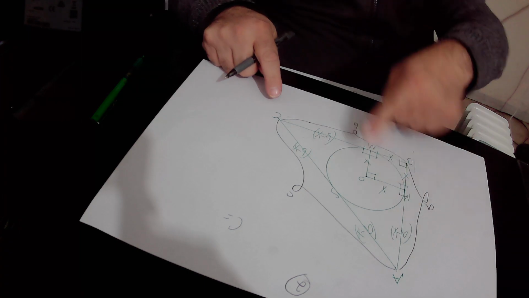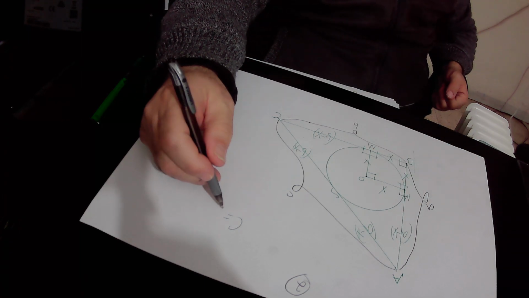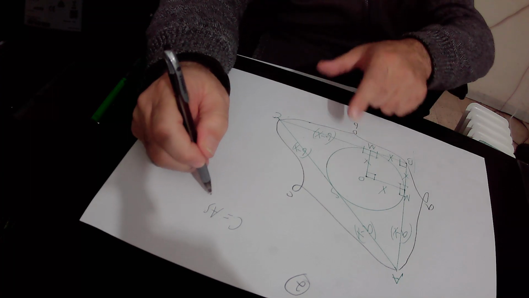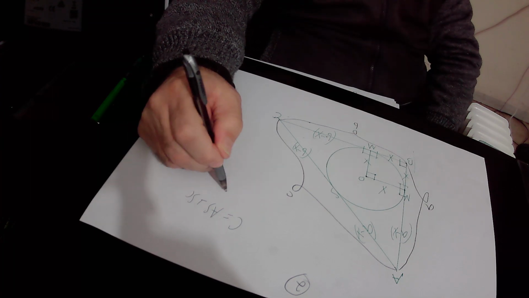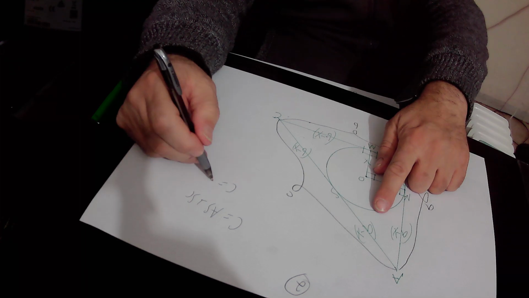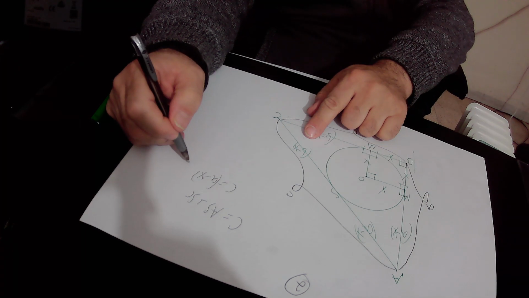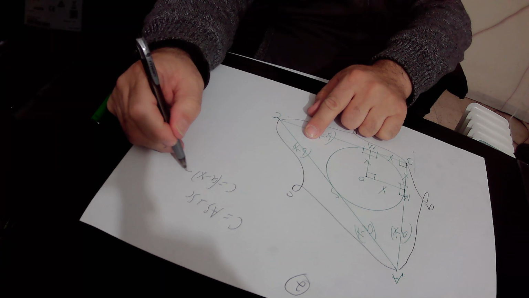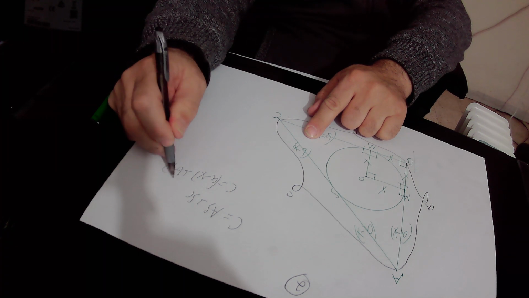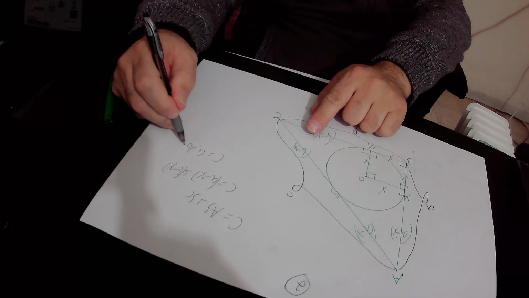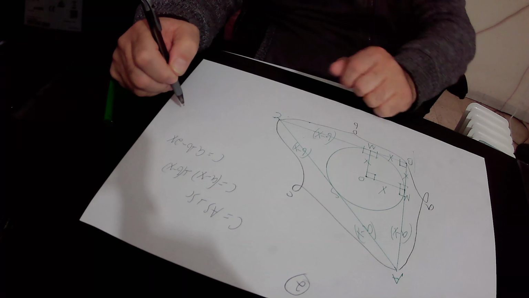So you can write here that AC, that is actually C, equals AS plus SC. So C equals AS, that is A minus X, plus SC, that is B minus X. So in total, C equals A plus B minus 2X.